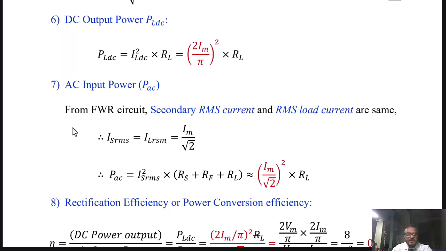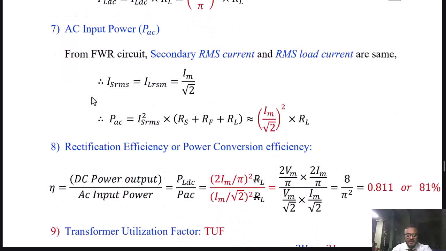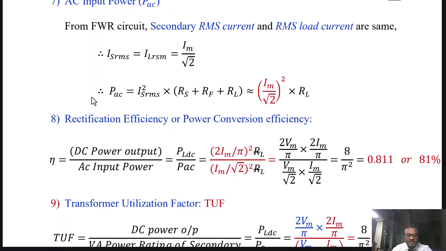Now from equations 6 and 7, we will estimate the rectification efficiency eta as the ratio of DC power output to AC input power, PLDC by PAC. Substitute the values of PLDC and PAC. We estimate that efficiency is around 0.811, that is 81%.